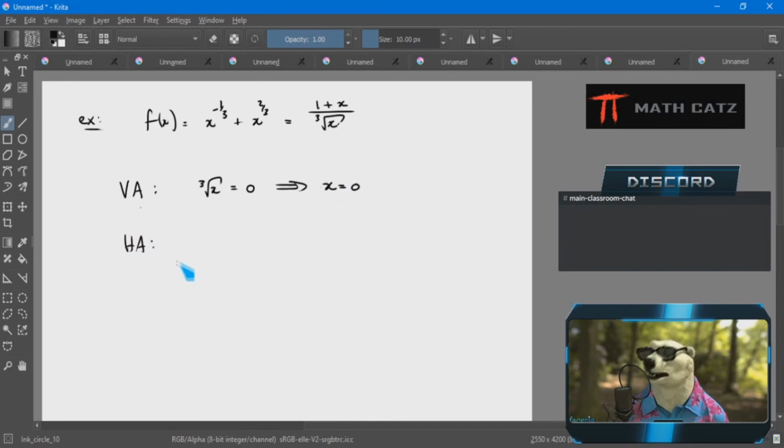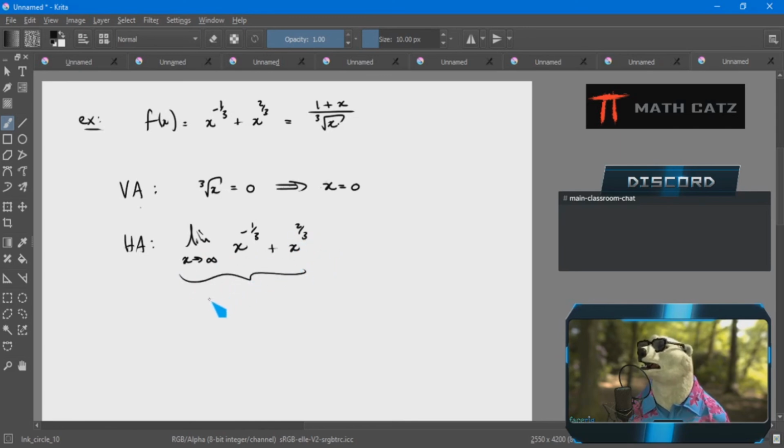Horizontal asymptote question, I'm going to squeeze it in because it's actually quite straightforward. It is going to be approached the same way as a polynomial is. I get a little bonus here. This is not a polynomial, but because it is just powers of x added and subtracted, I can follow the same rule.